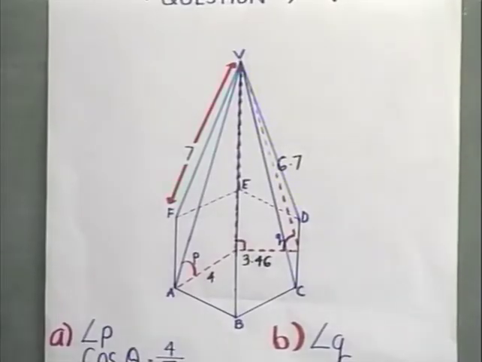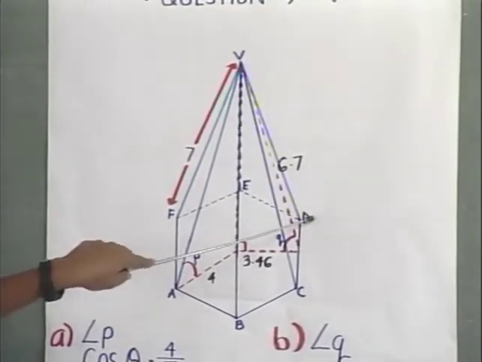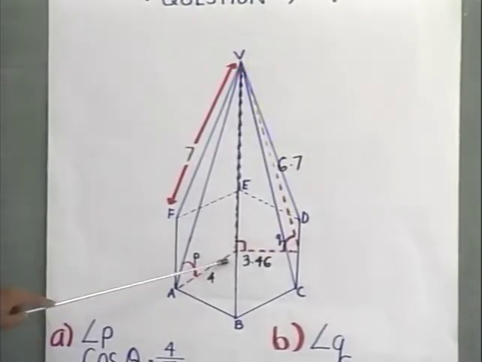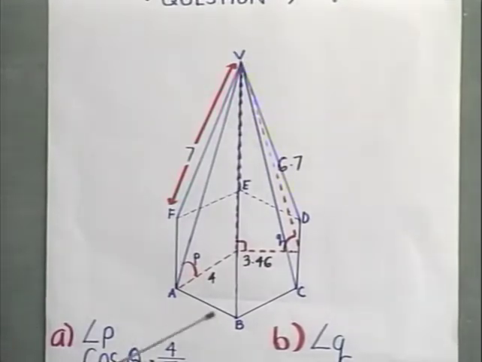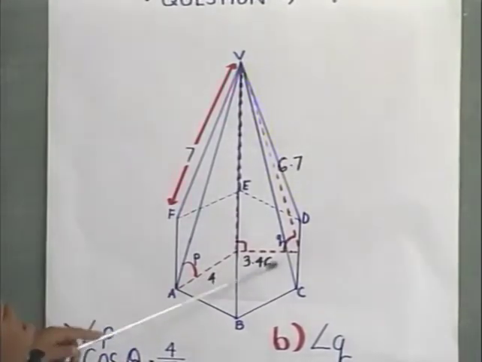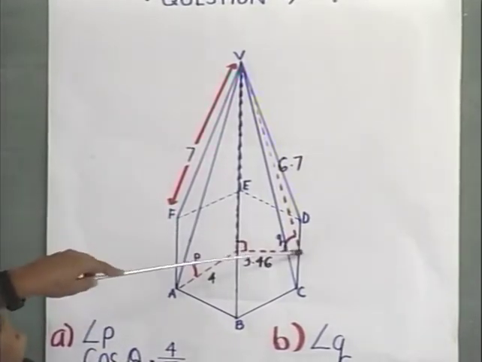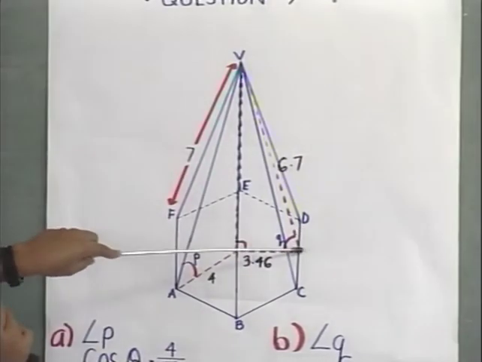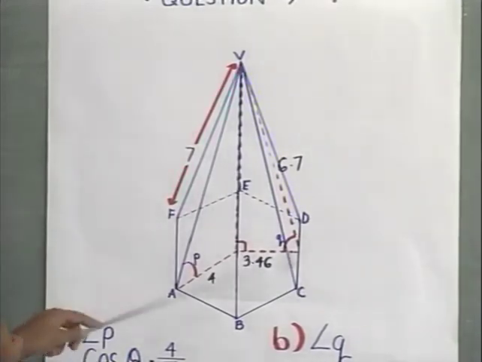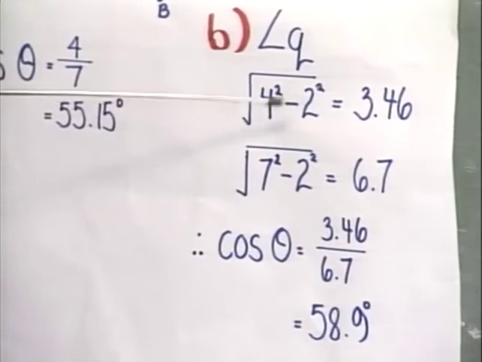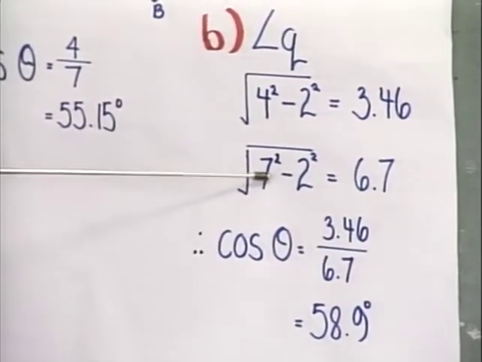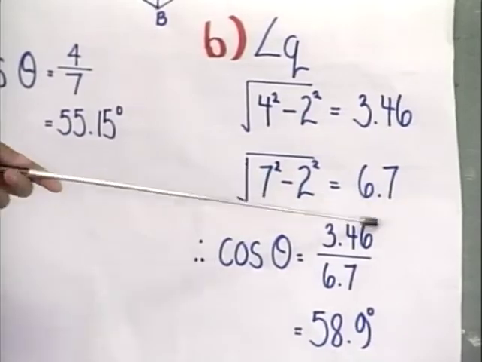And part B reads, the angle Q between the face VCD and the base. So to get the angle Q, first we have to find the height from this midpoint of CD to V. To get the height of this, we get the square root of 7 squared minus 2 squared, which equals 6.7.